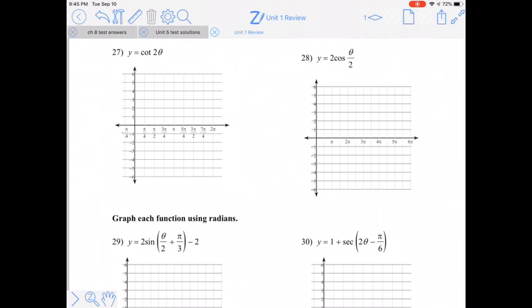Okay, for 27, cotangent, same as the tangent, has a period of pi divided by b. And if you recall, the cotangent has a vertical asymptote that starts at 0.